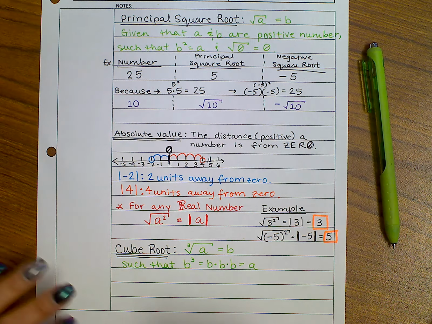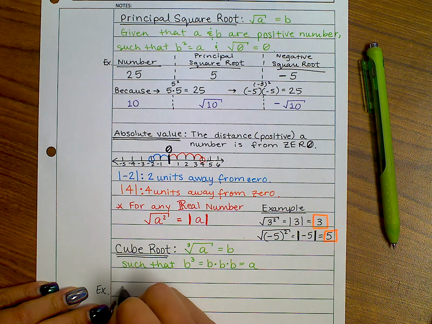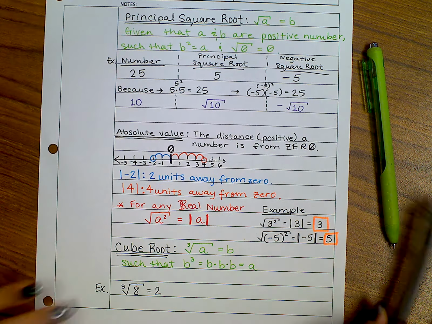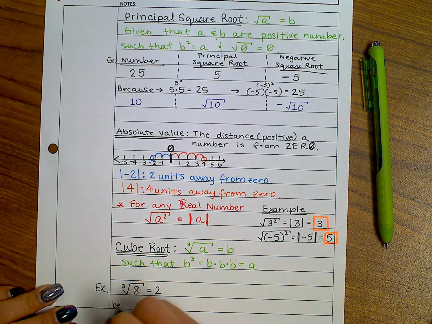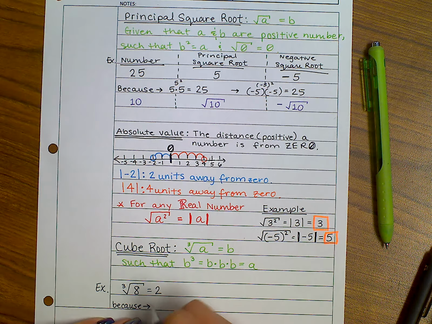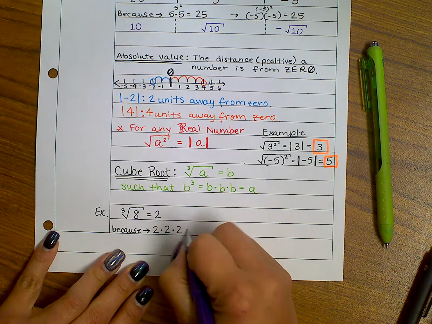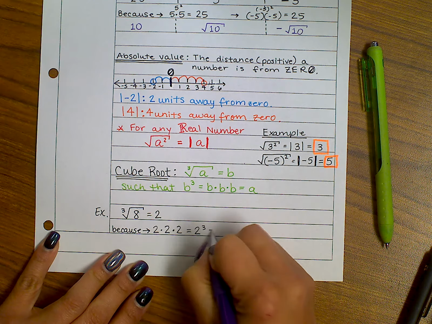Let's see, I think we can fit this example here. Let's say I have the cube root of 8. Well, that's equal to 2. But why? Because 2 times 2 times 2, which is the same as 2 cubed, is equal to my radicand, 8.